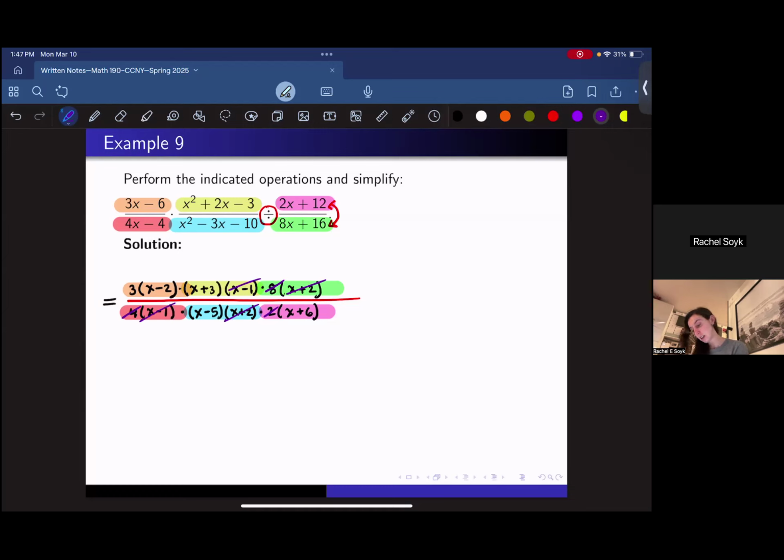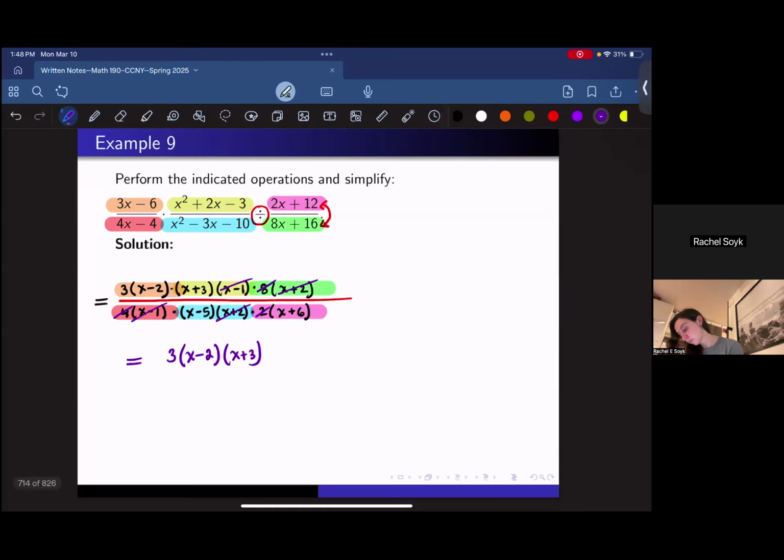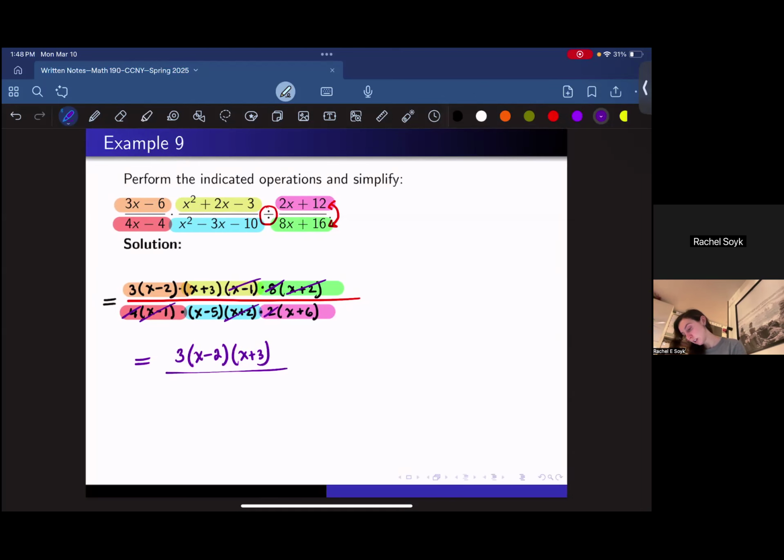Excellent. And I think that's it. So what are we left with? Our numerator, we have 3 in parentheses, x minus 2, x plus 3, all over. And then in our denominator, we have x minus 5, x plus 6. And we're done.